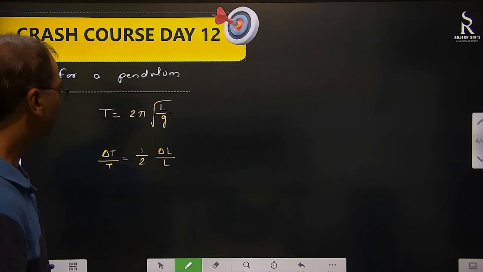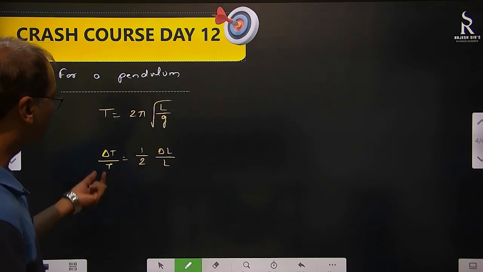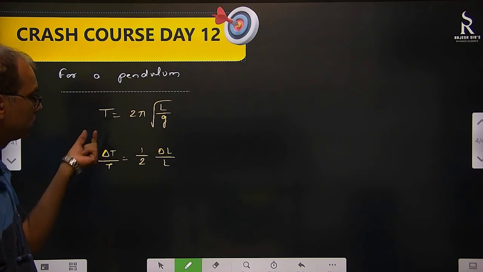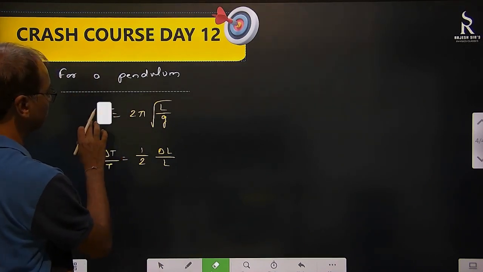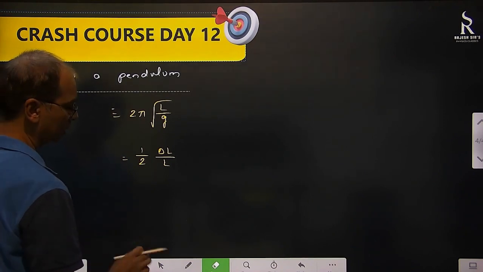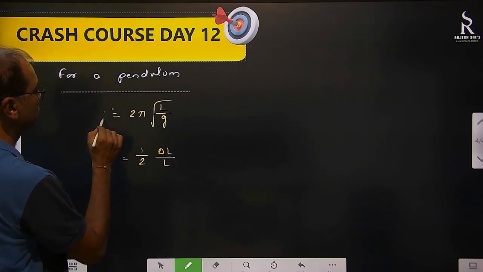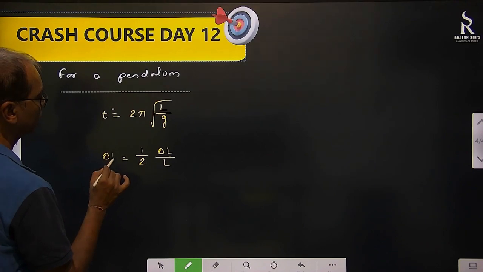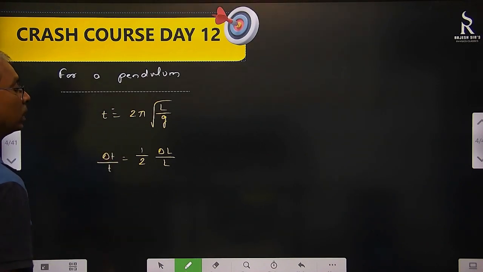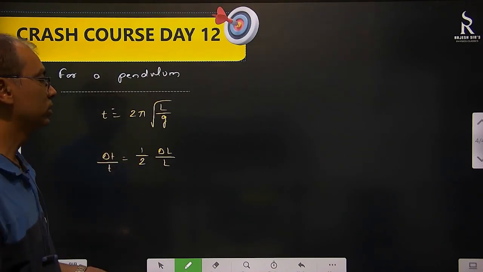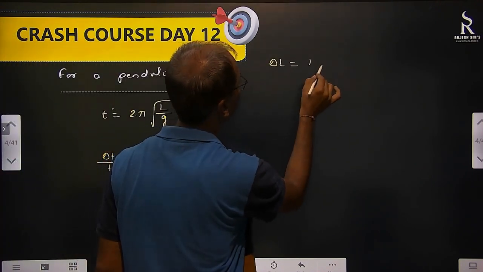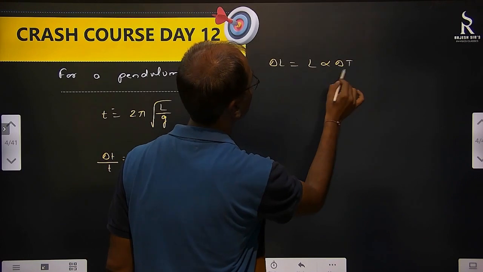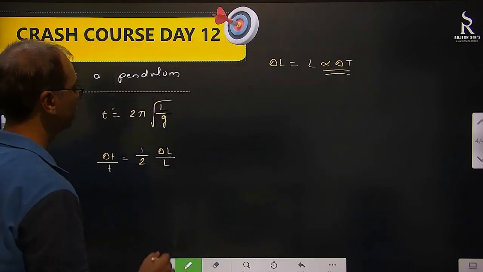Correct. Now, because of change in temperature, remember this. Shall I do it in small t? That will be better, otherwise you would be confused between temperature and time. So this is small t, and delta t by t. This change in length is happening because of change in temperature. So what is the delta L formula? Delta L is L alpha delta T. So put L alpha delta T here.